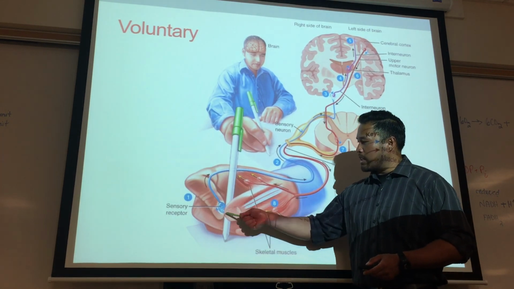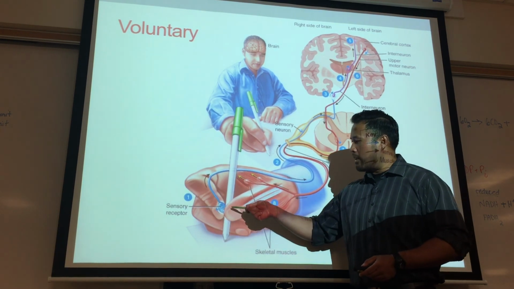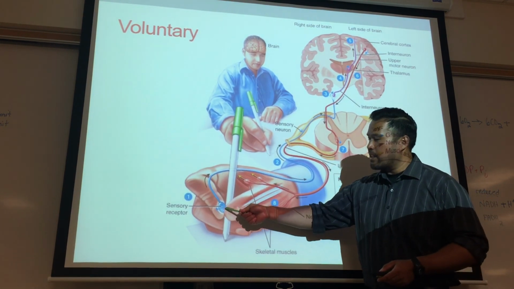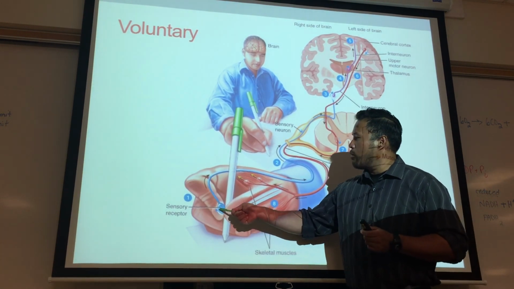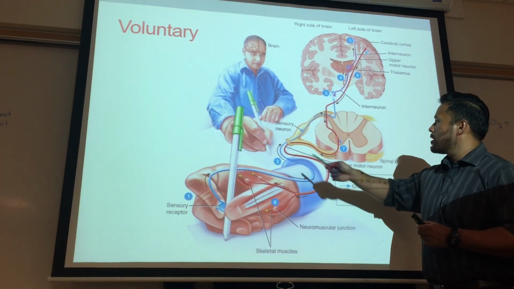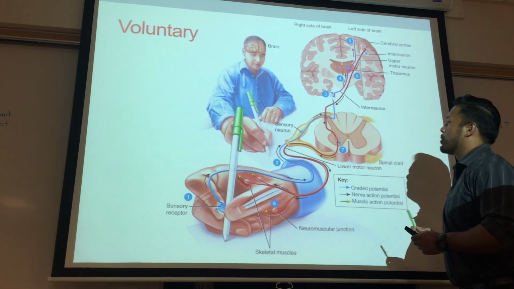It's the sensory receptor that's receiving information about how hard this person is pressing on that pen. We have these pressure receptors that detect how much pressure is being placed at that one spot. That's going to convey that information all the way through the sensory neuron over to the integrative center, shown here in purple.